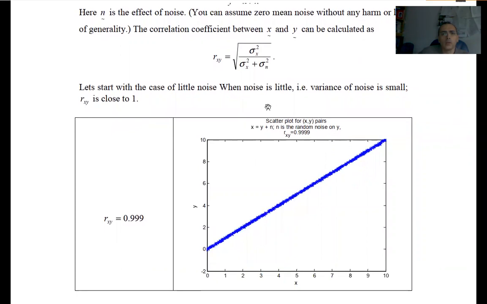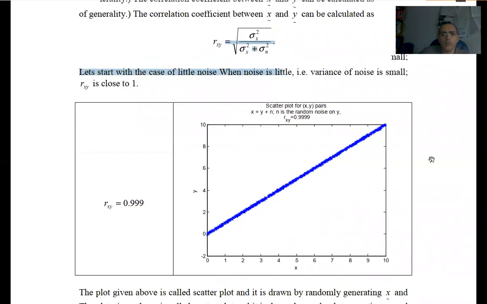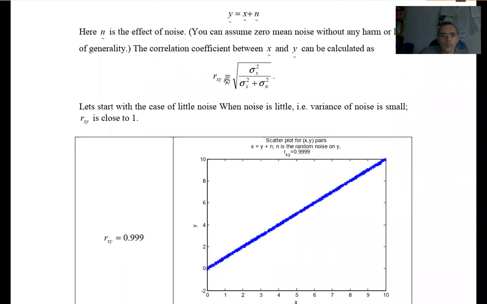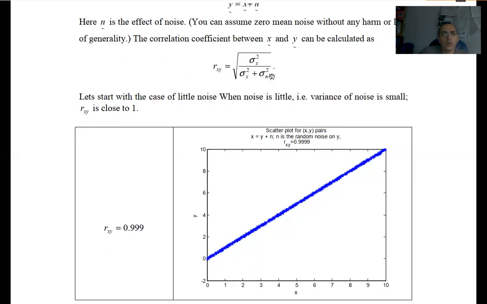This is the square root of the variance of x divided by the sum of the variances of the x and n random variables. Now, let me see. If the correlation coefficient is set to 0.999, meaning that I have a fixed x random variable, which is not changing, but I'm changing the variance of noise, so I'm adjusting the variance of noise such that the correlation coefficient is 0.999.